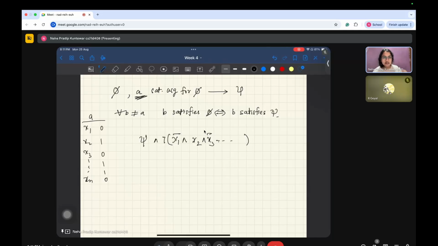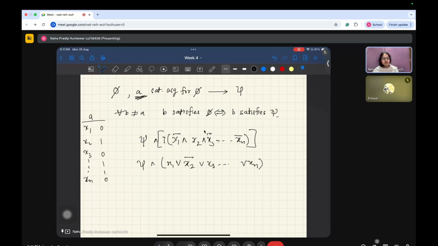We are basically writing the 0-1 assignments in terms of variables, and we don't want this assignment to ever be true. So if we apply De Morgan's, this will give us x1 or x2 bar, or x3, and so on, or xn.